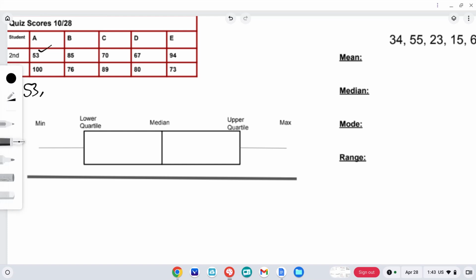53 is first, then 67, then 70, 73. Go ahead and put them in order from least to greatest. Finish out the list.